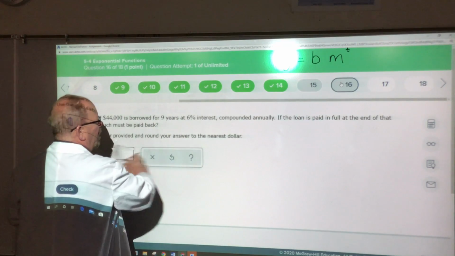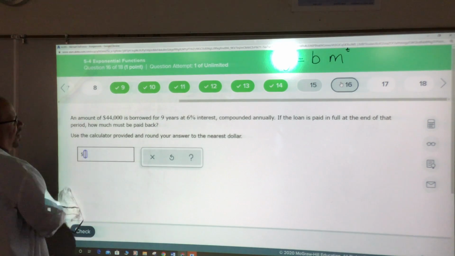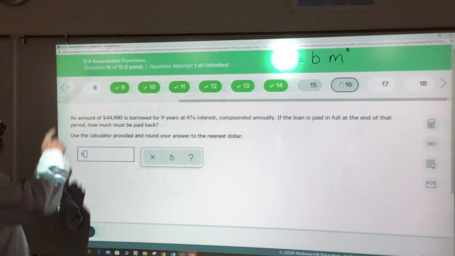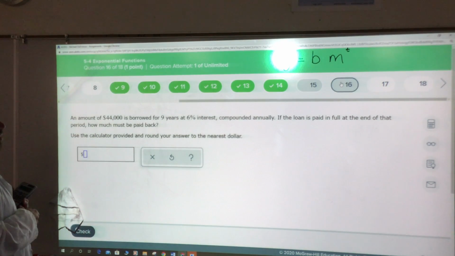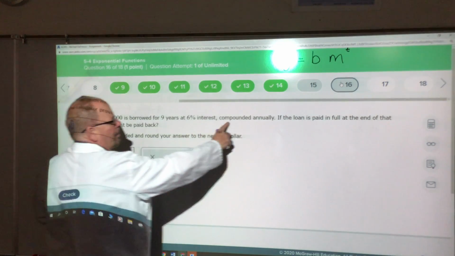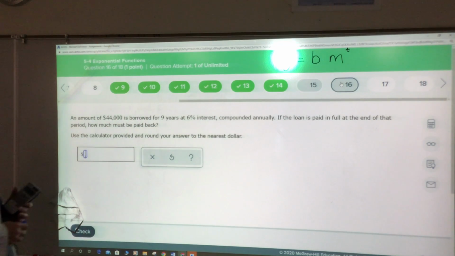$44,000 borrowed for 9 years at a 6% interest, compounded annually. That means every year they figure out what the interest is once a year. That's what compounded annually means. If the loan is paid in full at the end of that period, how much must be paid back?